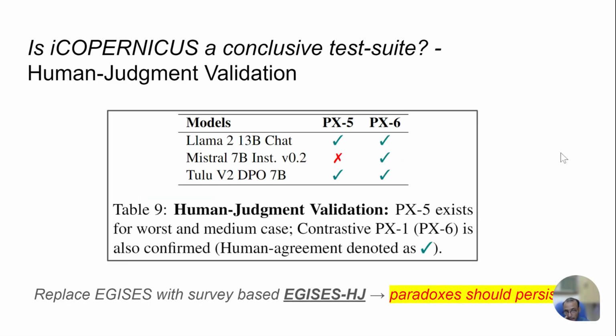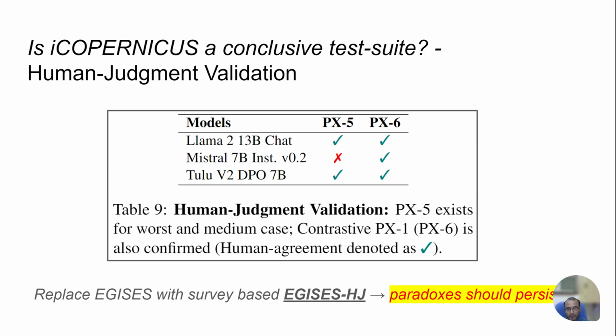Also, another thing we did was we replaced EGISES with a survey-based human judgment version of EGISES, and we tried to understand whether, for three models, the best model, the medium performing model, and the worst model, their contrastive-case paradoxes are still being retained or not.